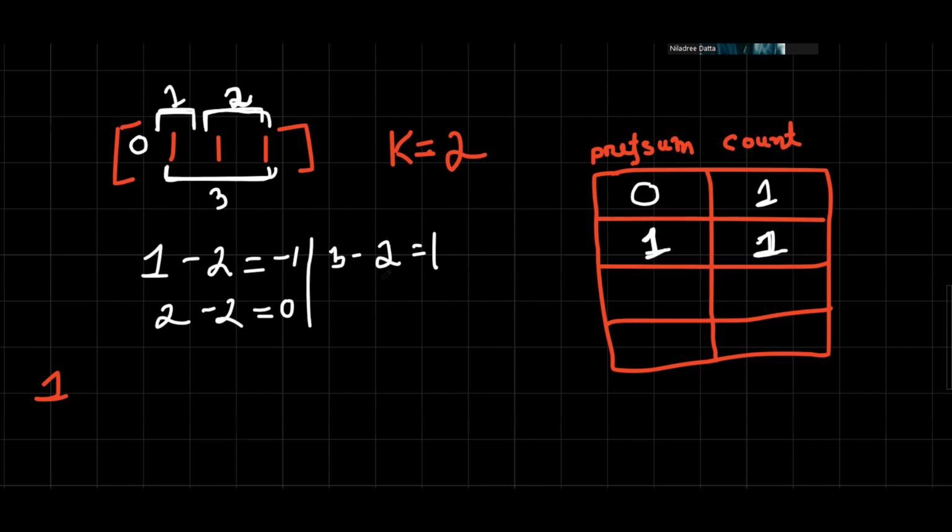So now we have to add the counter value 1 to the answer. So currently our answer will be 1 plus 1, which is equal to 2. And finally, as we have completed the iteration, we have to simply return this 2. I hope you understood the algorithm. Now let's move into the code.